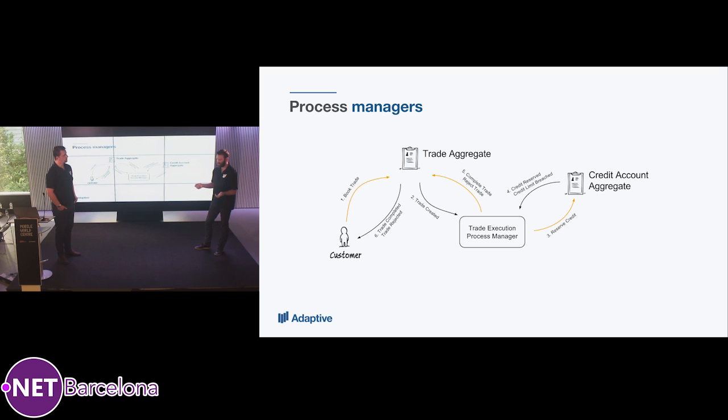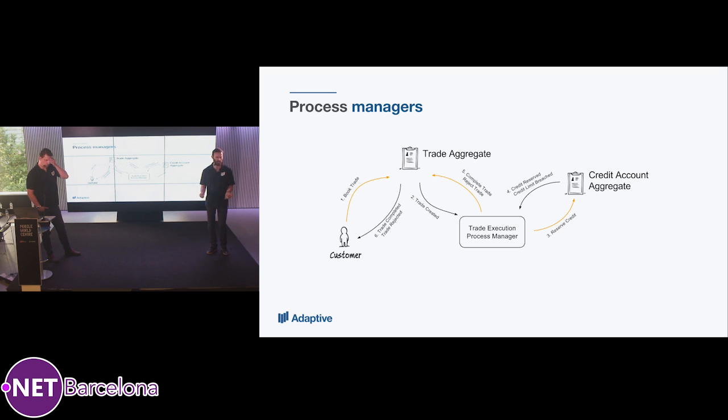Another piece that we didn't really get into in detail was EventStore. EventStore has a thing called persisted subscriptions, and this is essentially a message queue which is persisted. You can set up this persisted subscription.